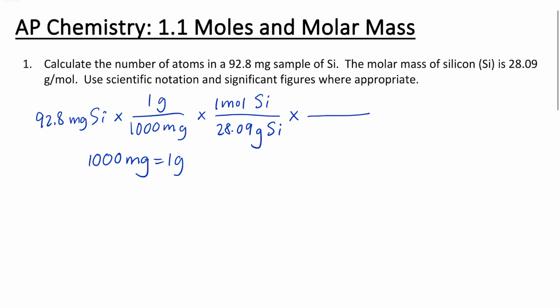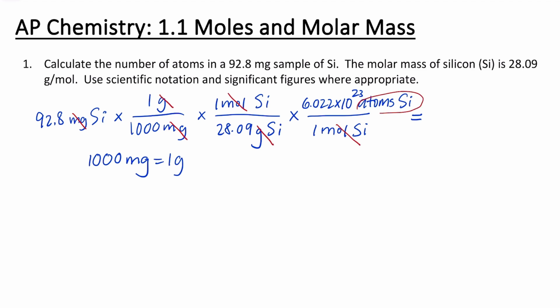So we can say 1 mole of silicon is 6.022 times 10 to the 23rd atoms of Si. Now we see that our milligrams cancel, grams cancel, moles cancel, and we're left with atoms. Once you do this operation on your calculator, you should get 1.99 times 10 to the 21st atoms silicon.